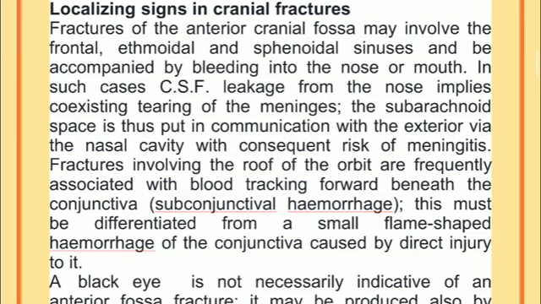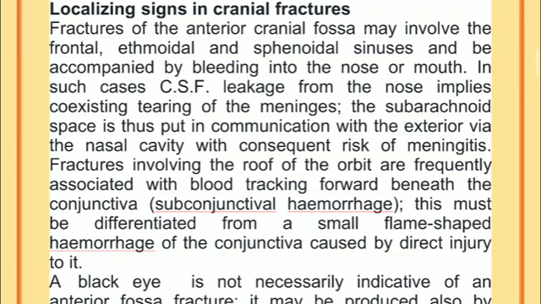an infection of the meninges by microorganisms. Fractures involving the roof of the orbit are frequently associated with blood tracking forward beneath the conjunctiva, what we call the subconjunctival hemorrhage. Subconjunctival hemorrhage should be differentiated from a small flame-shaped hemorrhage of the conjunctiva that is caused by direct injury to it.